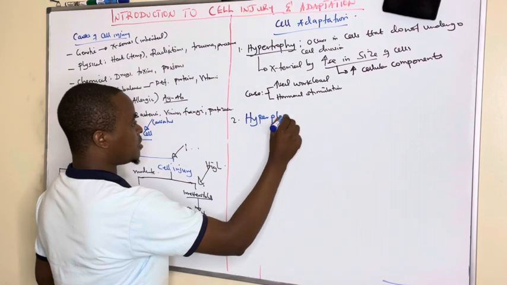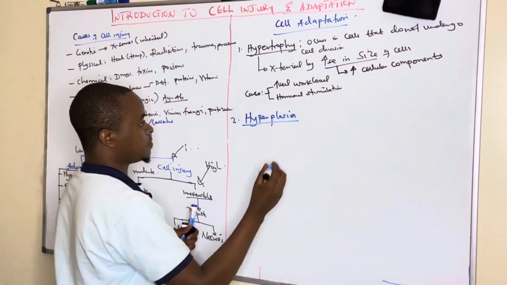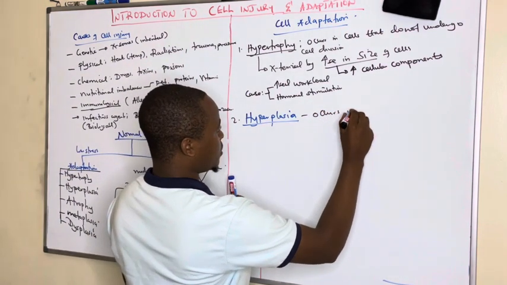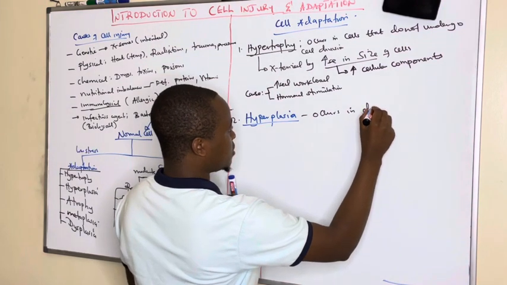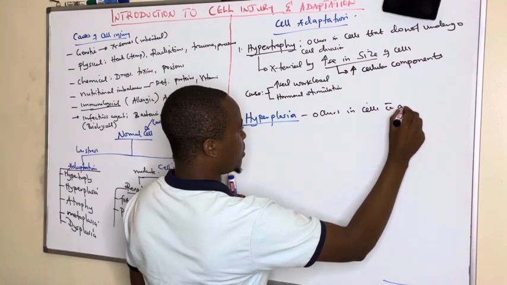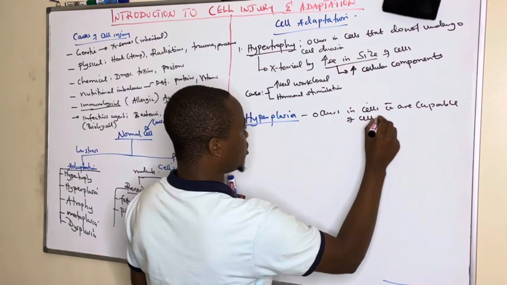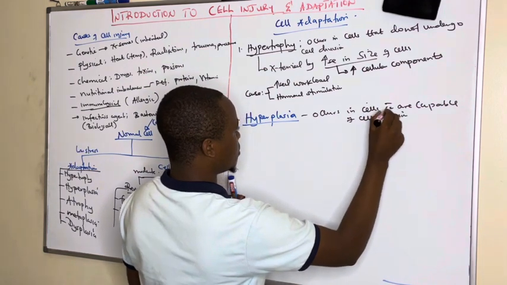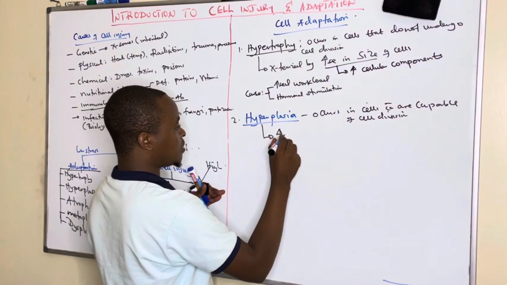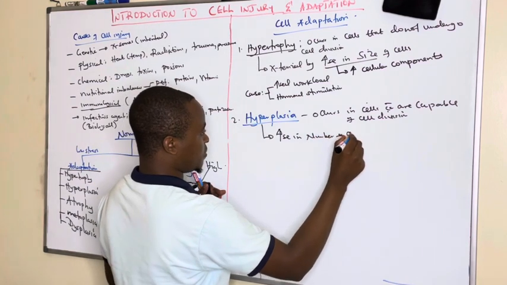And this hyperplasia occurs in dividing cells, or in cells which are capable of undergoing cell division, and it is due to an increase in number of cells.